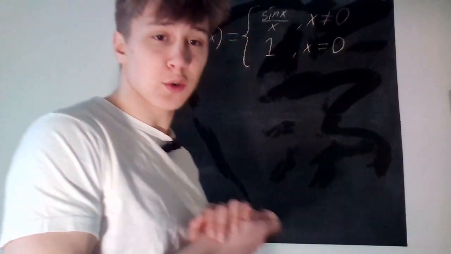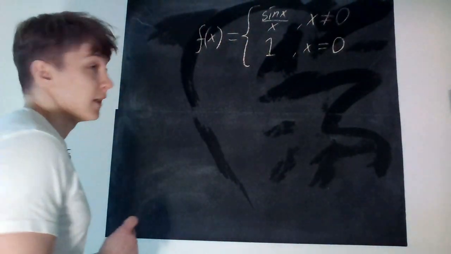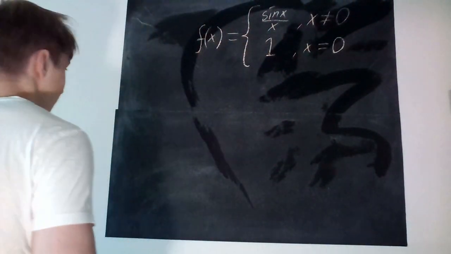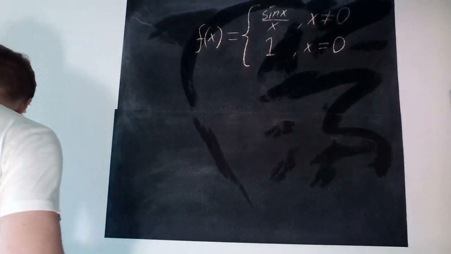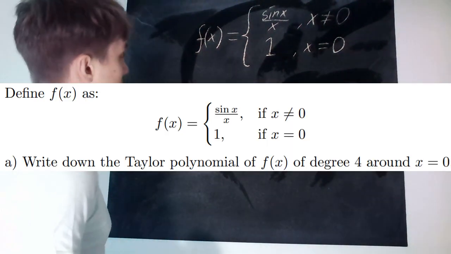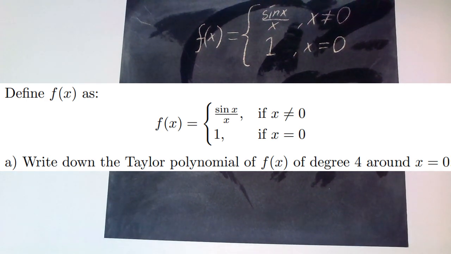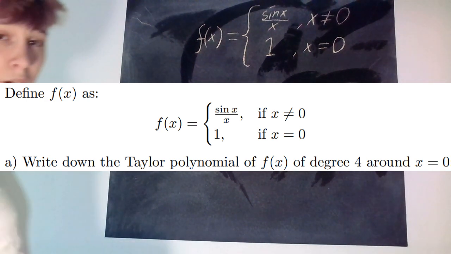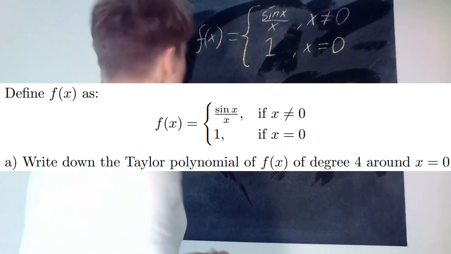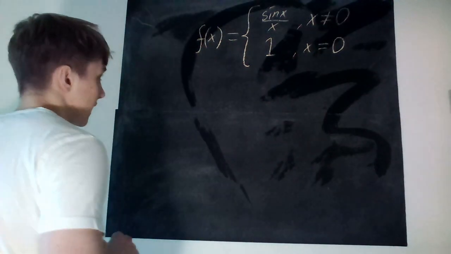Hello everyone. So here's the second problem from my final exam. The first question was, write down the Taylor polynomial of degree 4 around x equals 0. So what is that?